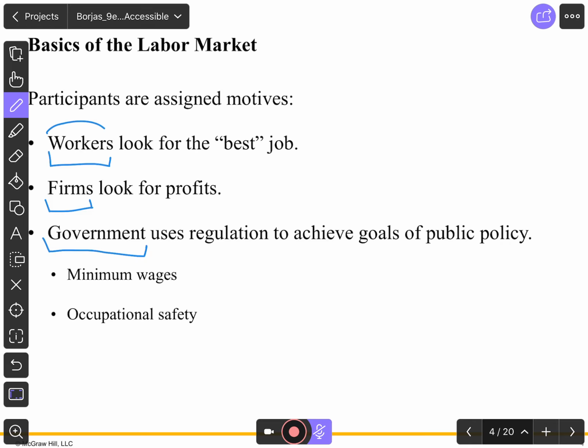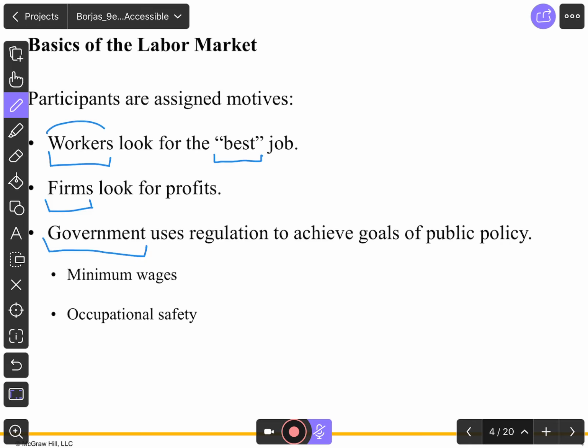And those suppliers of the service are actually looking not for any job but the best job. So when you graduate, you will be applying for different jobs, and ultimately you would land on the best job from your point of view that satisfies your needs and wants.